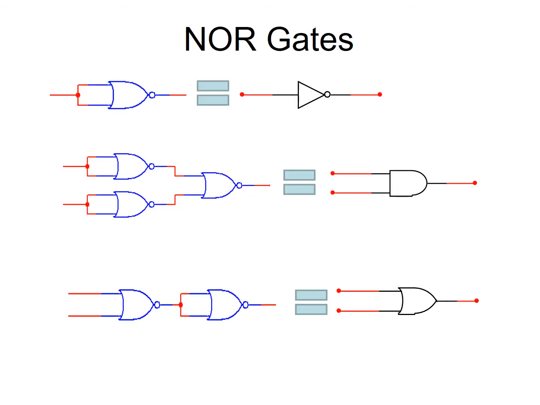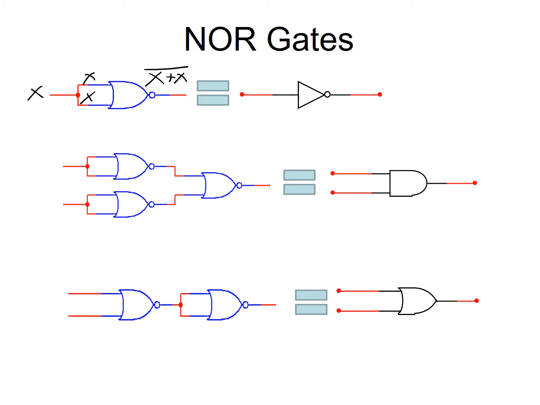This is a very important slide here, so you might want to pause the video and copy this down. In this first case, I am using a NOR gate to create a NOT gate. Let's say my input is X. Coming into here, I have two X's, of course, and coming out of this NOR gate, I have X ORed with X and a NOT over it.